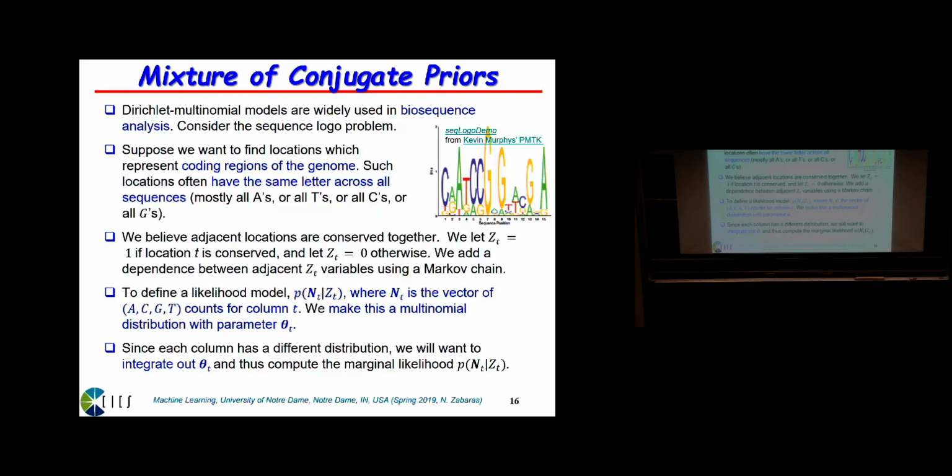I like this example, even though it is for biologists, okay? So let me try to explain this in sort of non-biological terms, okay? So consider that we have a sequence, okay? This is a biosequence analysis. So we have different locations in the genome.